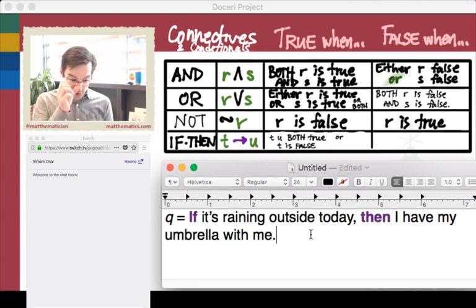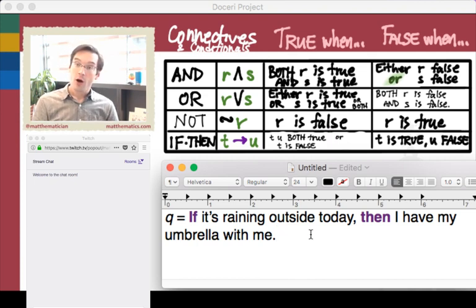So the burden of proof to show that a conditional statement is false is to show that it's possible for T to be true, so it is raining, but U is false. I don't have my umbrella. Right? Only when the antecedent is true and the consequent is false is a conditional statement not provable. Right?